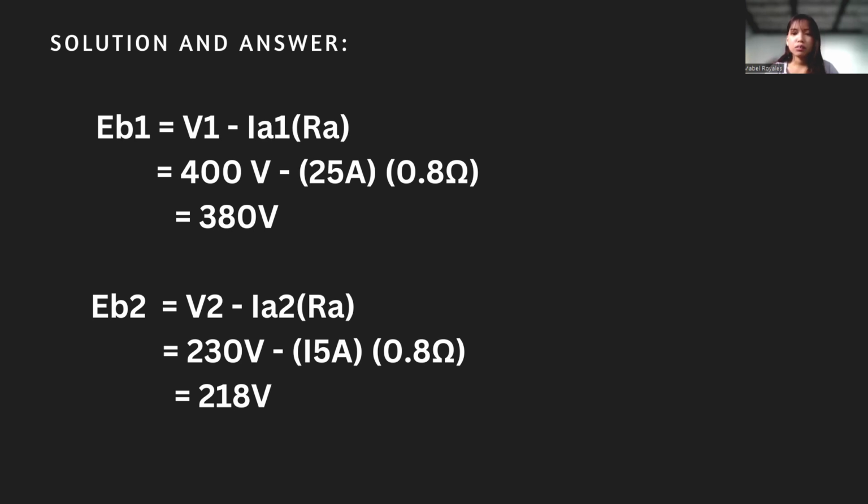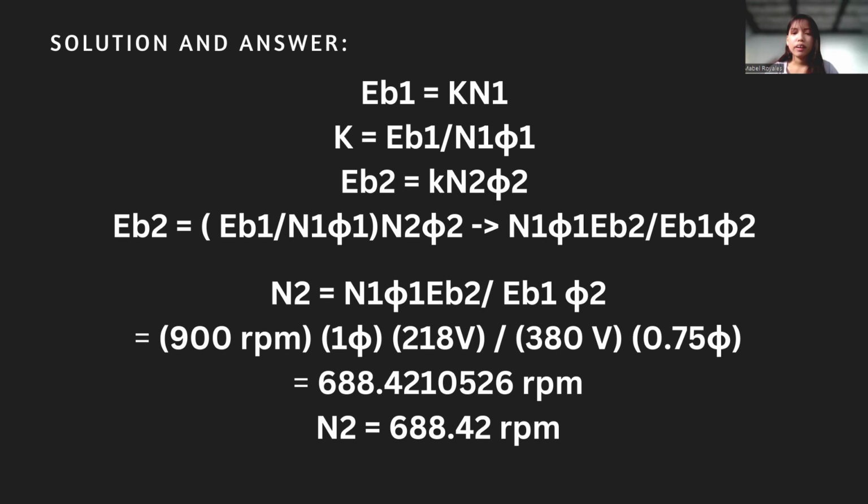To get N2, the second speed, let's use this formula: EB1 equals K N1 flux 1. So, K equals EB1 over N1 times flux 1. The back EMF2 equals the constant times N2 times flux 2.